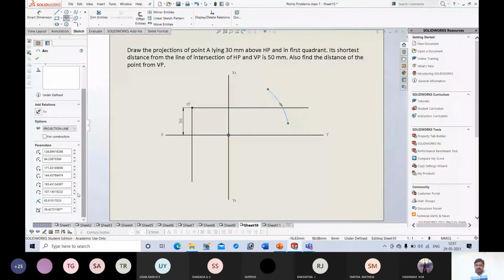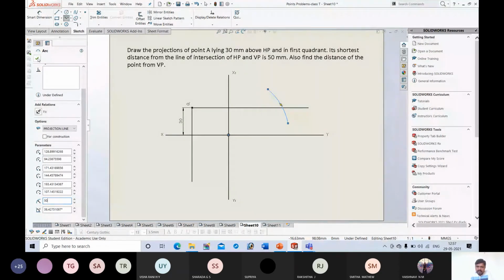That is the shortest distance from the line of intersection of HP and VP. So this 50 mm you should consider as radius. From this as center, you should draw an arc. It will cut this projector of the front view. So this is the side view.